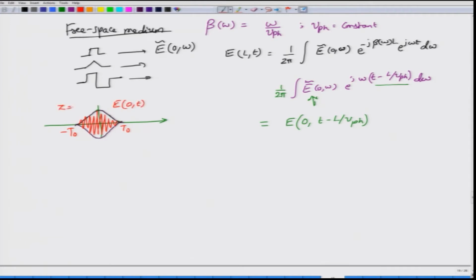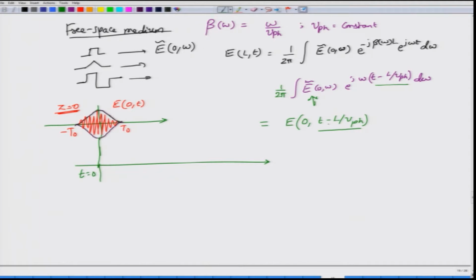that is at the input of the channel z equal to 0, but at the output of the channel what you have is the same pulse, except that instead of t equal to 0 you now have the pulse center at L by VPH, because earlier the pulse center was at t equal to 0.